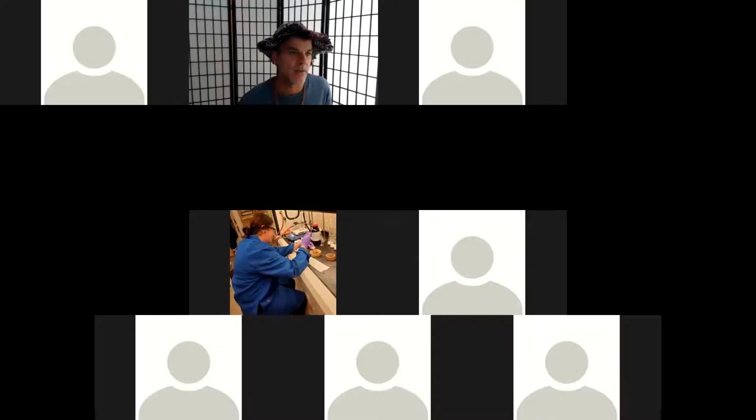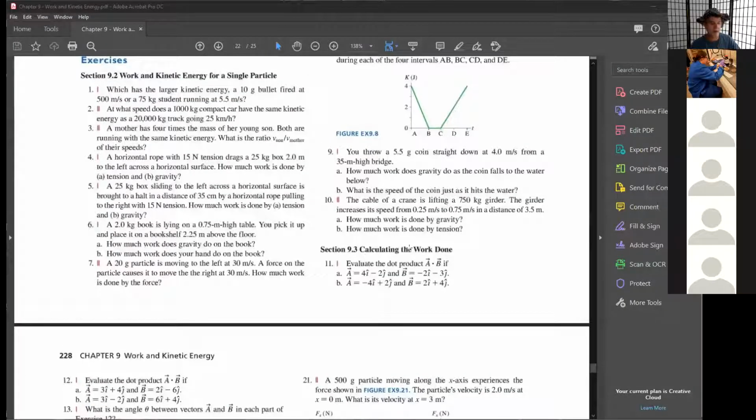Hold on one second. So this is a chapter 9 homework problem. It's from the textbook online. Homework assignments, individual chapters, chapter 9. Let's go down. I believe you did it in class. Okay, let me share this. What problem?